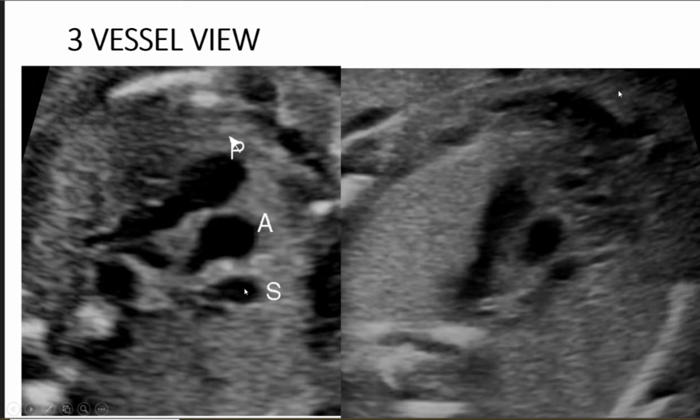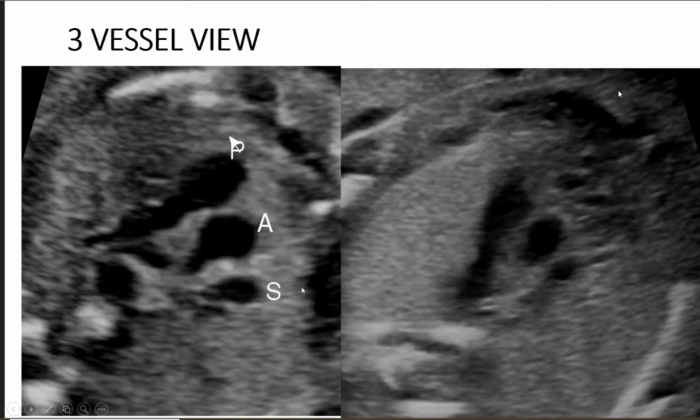They are big, medium, small. They are anterior, mid, and posterior, and they are only 3 in number. So these are the characteristics of 3-vessel view: 1, 2, 3, pulmonary artery, aorta, superior vena cava, big, medium, small, anterior, mid, posterior.